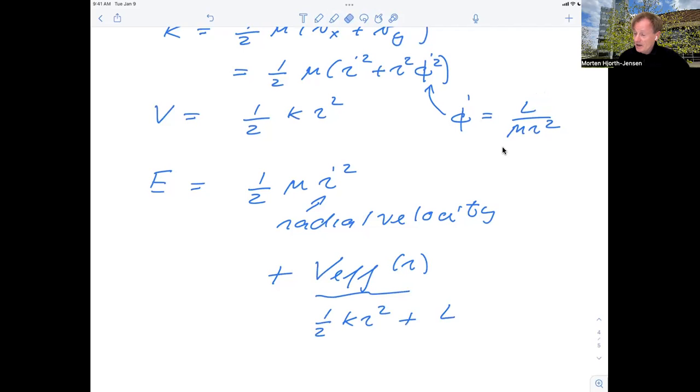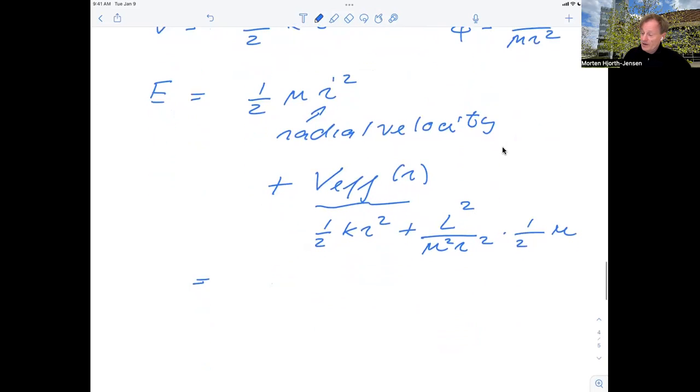So this should actually be an L, just a single L. So this is given in terms of L squared divided by mu, and this is again divided by r squared. And it has a factor which comes like, so we have a square here of 1/2 times mu. So at the end, we get an expression which runs like 1/mu of r squared plus the effective potential, which is k times r squared plus L squared divided by 2 times mu times r squared.